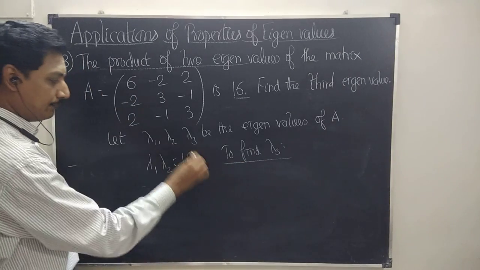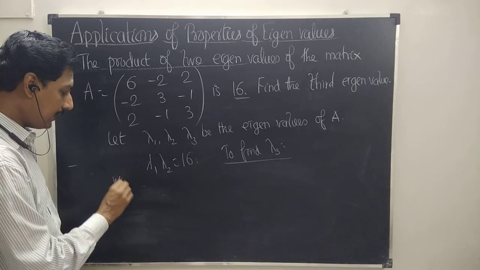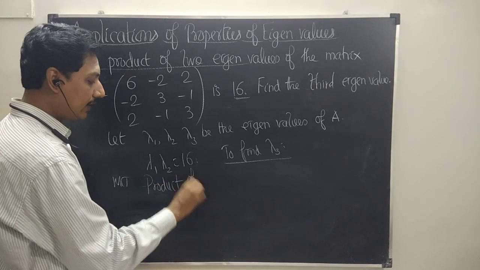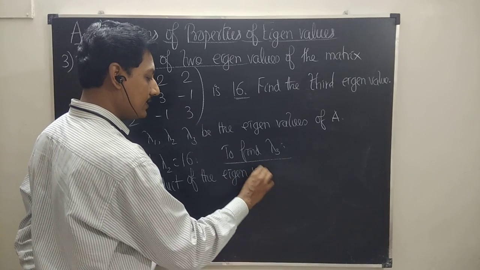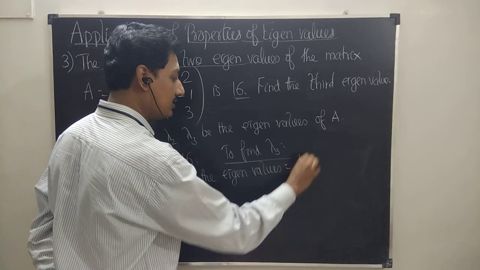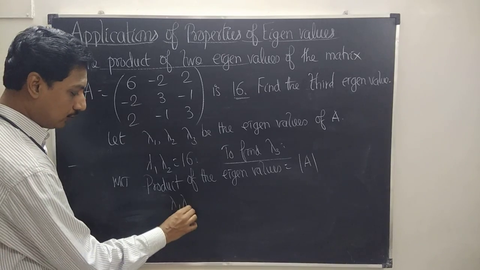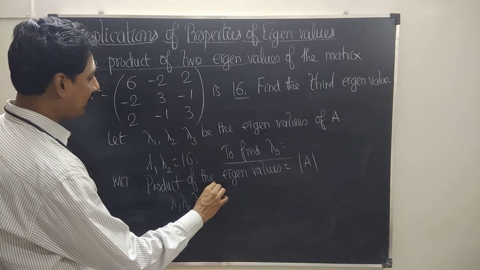So do you know any property based on the product? Yes. As we know, by property, the product of the eigenvalues is equal to its determinant value. So now lambda 1 lambda 2 lambda 3 is equal to determinant of A. So determinant of A, how much?